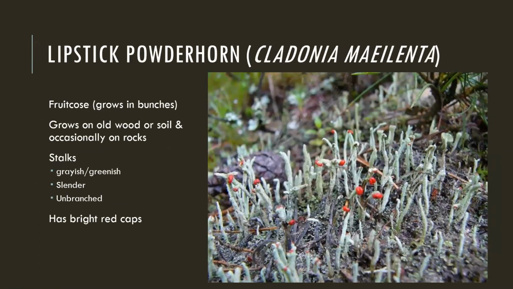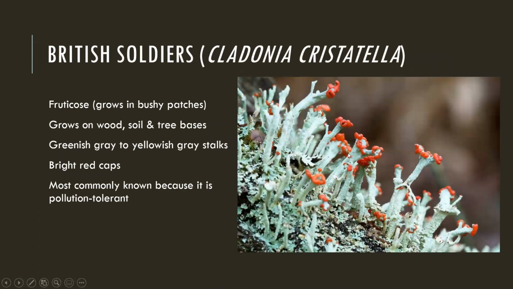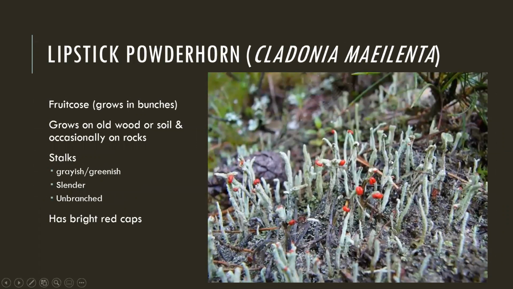While the lipstick powderhorn only has one trunk, one branch, one red cap to it. And these trunks, these stalks, they're going to be more grayish in color, while the British soldier is more, as you see here, more of a mint green. It's more green than this one, while the lipstick powderhorn is going to be more gray in color.